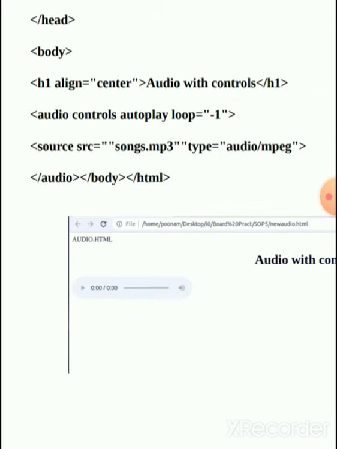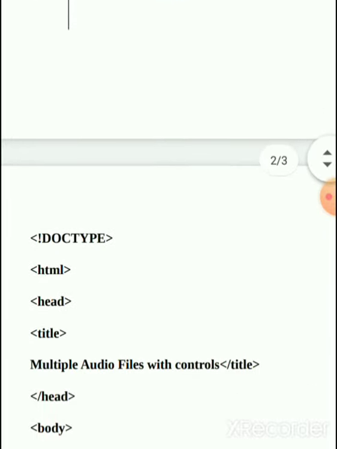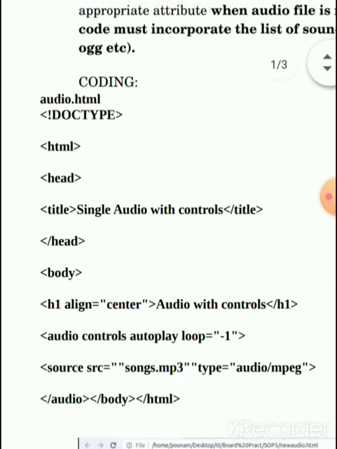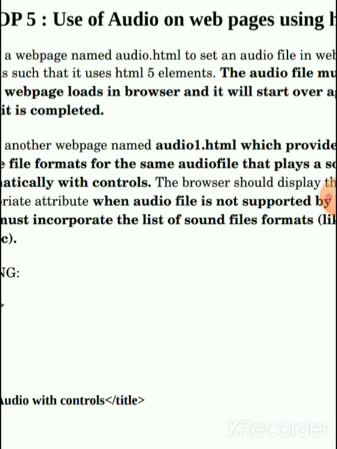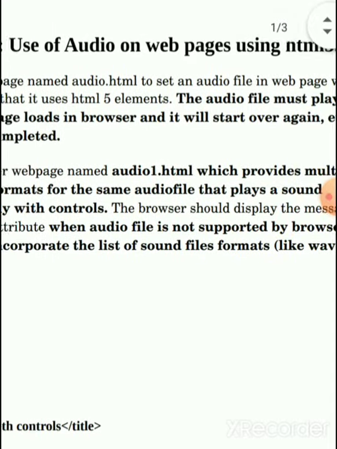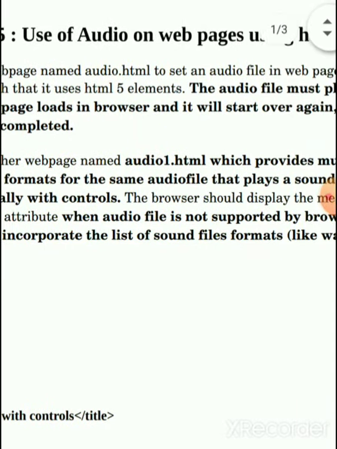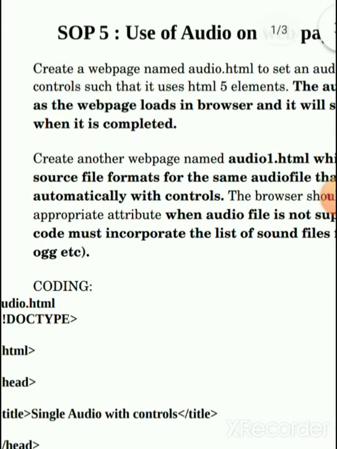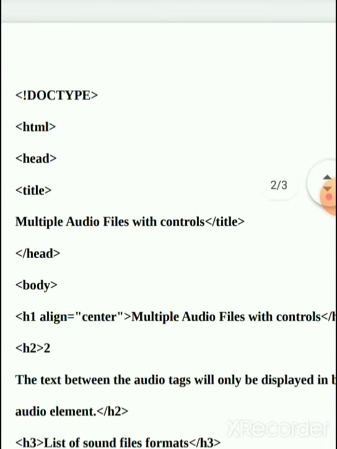Yes my dear students. Now the second program as per the question. They mention in audio1.html to provide multiple source file formats for the same file that plays a sound automatically with controls, using multiple sound files.